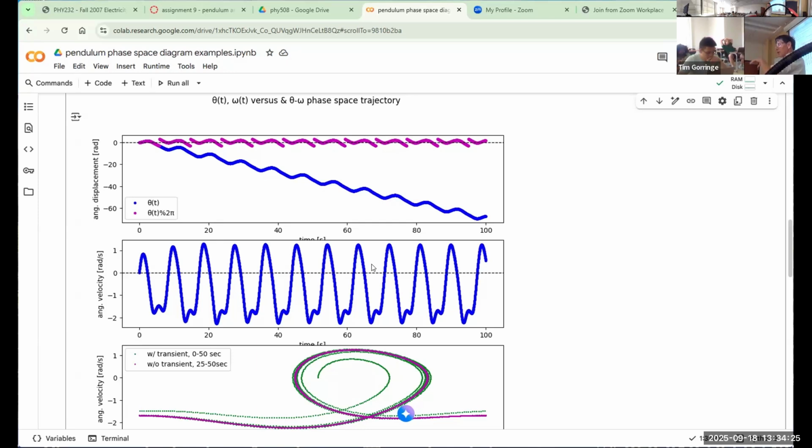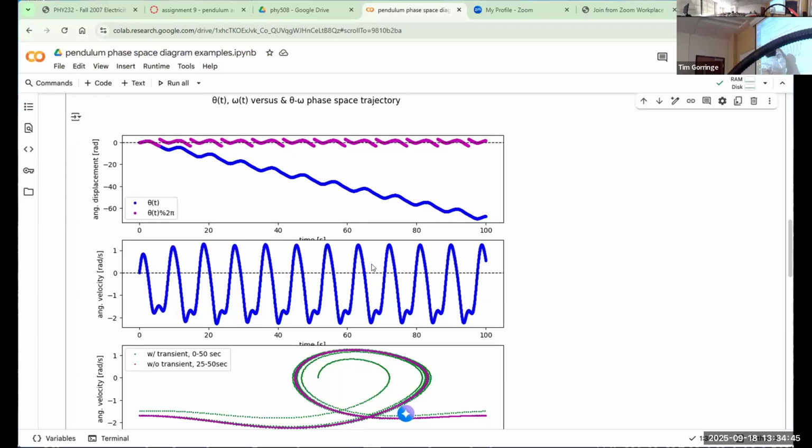If it loops the loop in the negative direction, it would decrement by 2 pi. And if it loops the loop multiple times in the positive direction, we'll get multiple increments of 2 pi, and multiple loop the loops in the negative direction, we'll get multiple increments of negative 2 pi. And that's what you're seeing here.